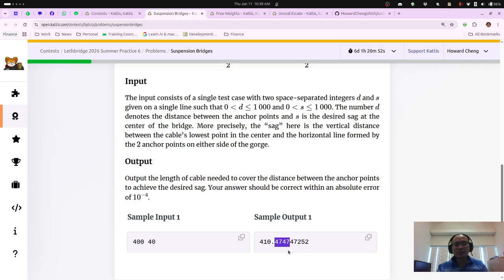So that basically means that your answer has to be correct within 4 decimal digits. But that doesn't hurt if you can compute it a little bit more accurately. But make sure that you output an answer with at least 4 decimal digits, because otherwise you won't be able to get it right no matter what.